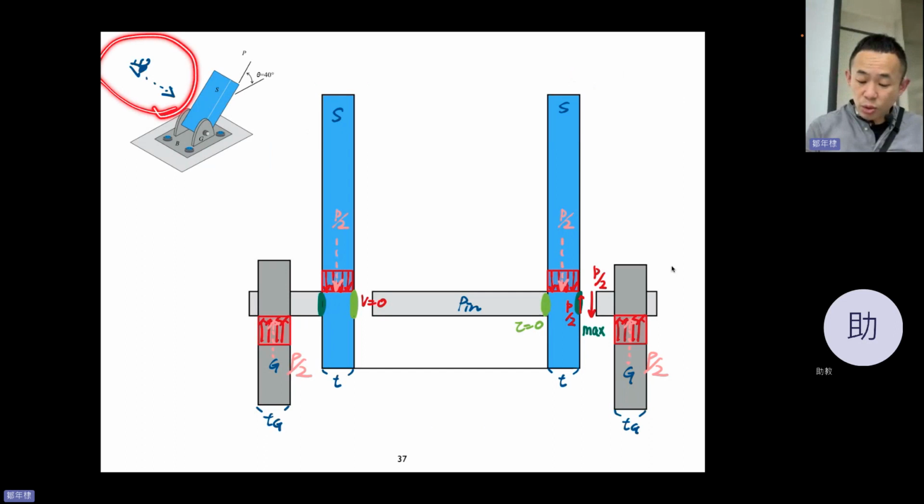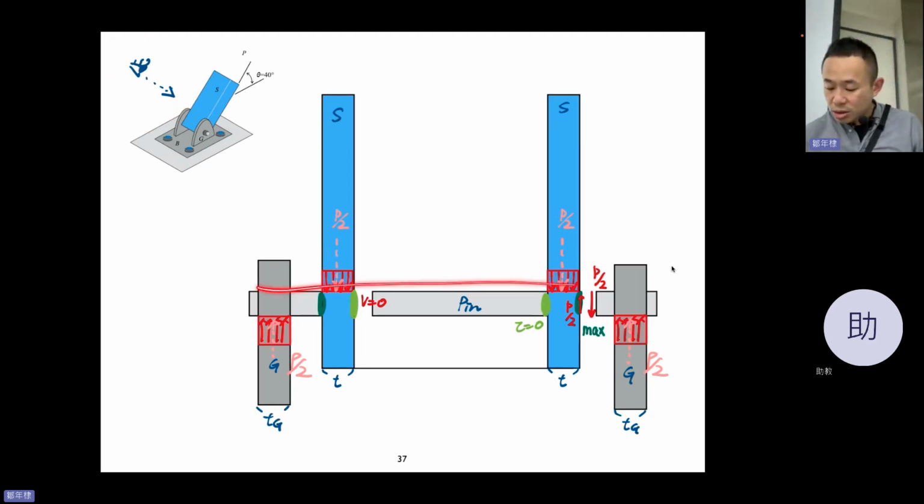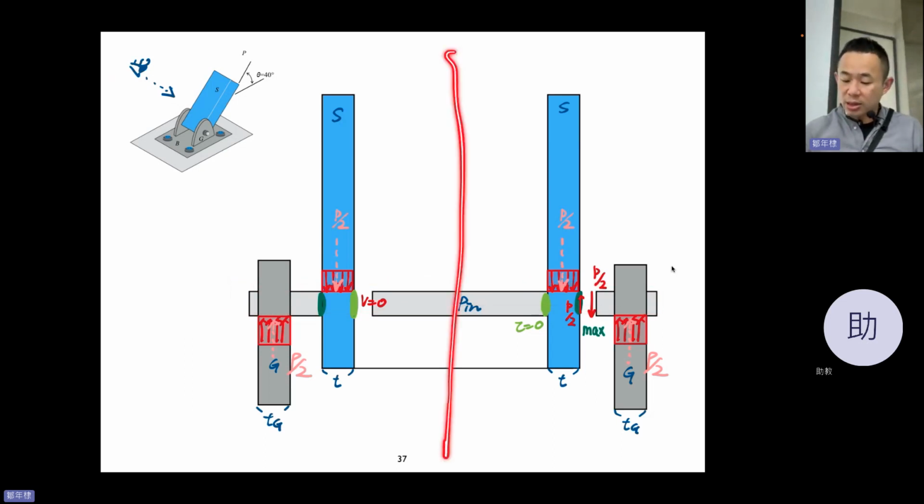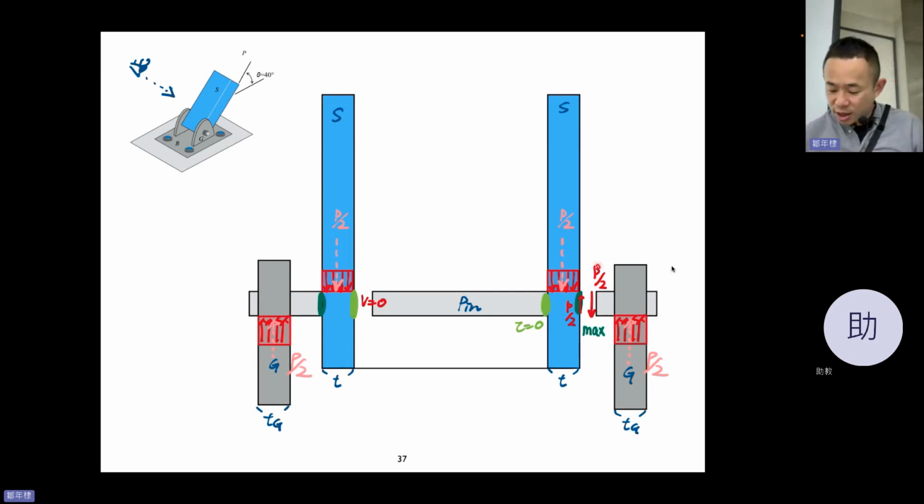If we look from this direction, we want to see this pin. Remember this pin is symmetric. So if we cut equally here, we cut here. The reason I cut here and here is that if we cut both, it would make the picture complicated.